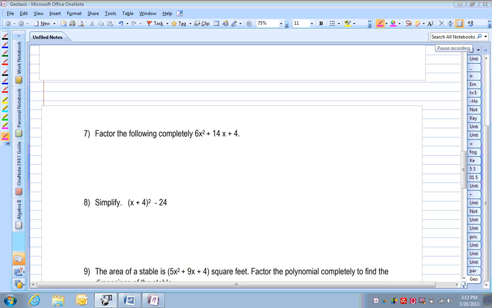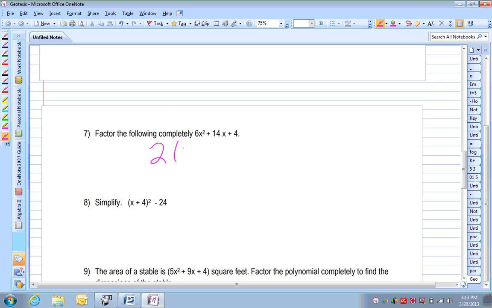So 6x squared plus 14x plus 4. We have to see if there are any GCFs, and there is, and it's 2. And for the variables, they don't have a variable in common.